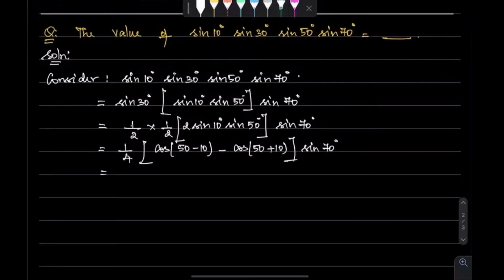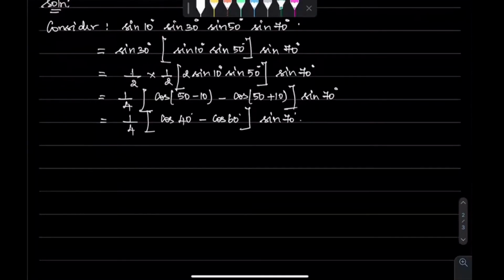So what do I get here? 1 by 4 times of. So I get cos 40 minus cos 60 degree into sine 70. So what is the value of this? What do I get here? Can I distribute it again?